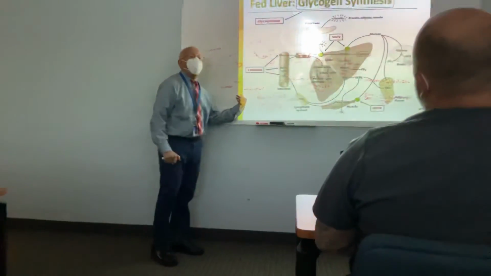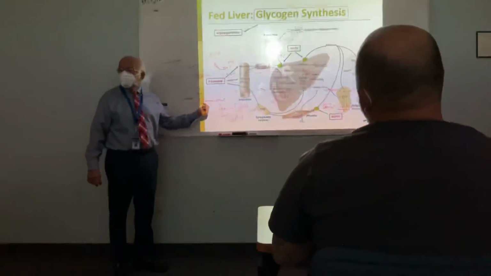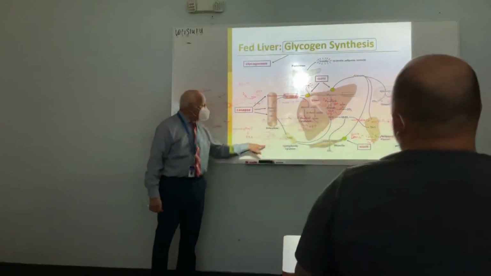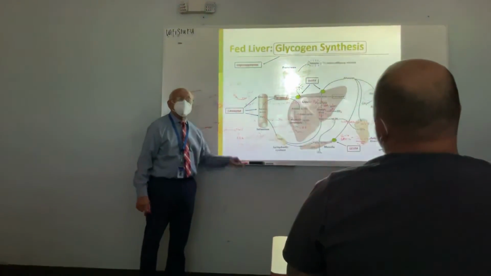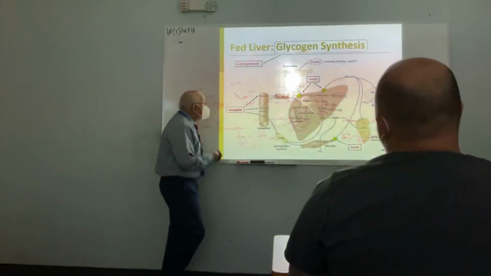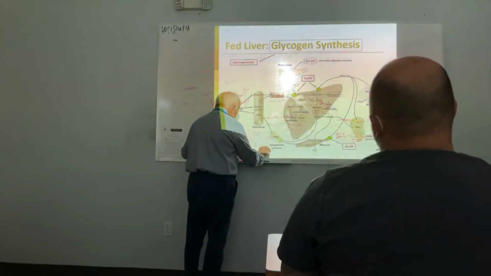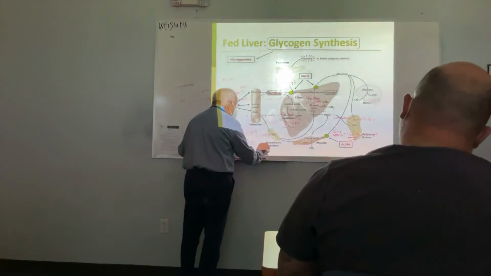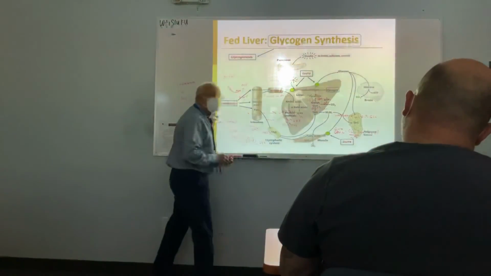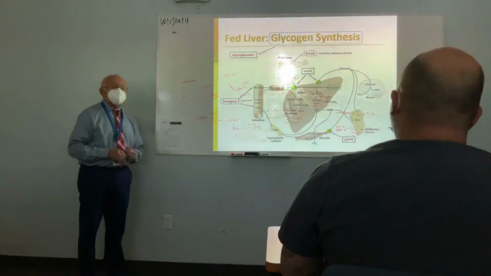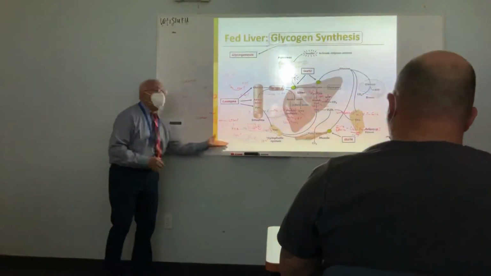That's why the same hormonal pathway that kills the synthase is the same one that activates phosphorylase. And now what's gonna happen? Degradation is going to be up. Makes sense. This is the key.